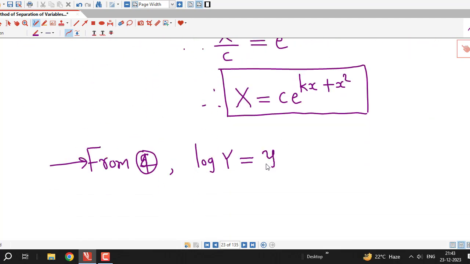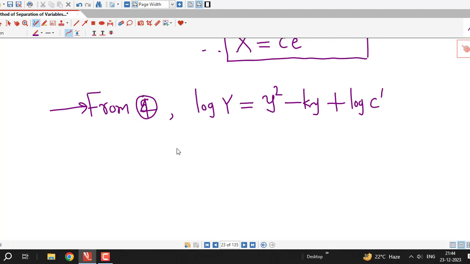So here I have y square minus k into y plus constant of integration that I adjust as log of c dash. Therefore log Y minus log c dash equals y square minus k into y.